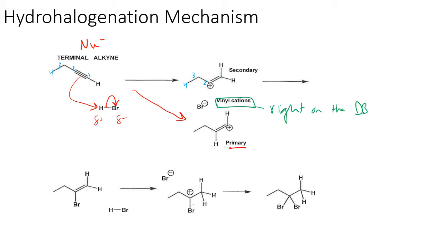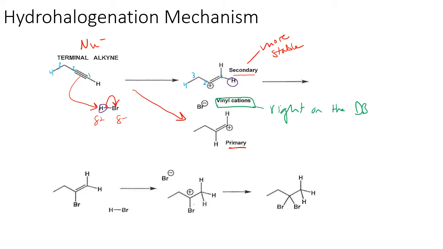It could either be primary if the hydrogen was added to carbon 2, or the vinyl cation could be secondary if hydrogen was added to carbon 1. And we learned that a secondary cation is going to be more stable than a primary cation. So that's going to dictate what side the hydrogen gets added to. So the hydrogen ends up getting added to the first position, creating the more stable secondary cation, the more stable vinyl cation in this case.